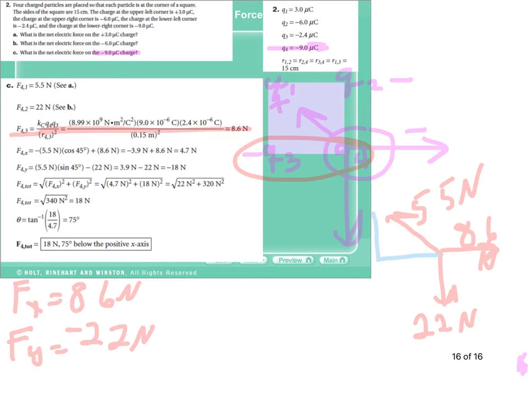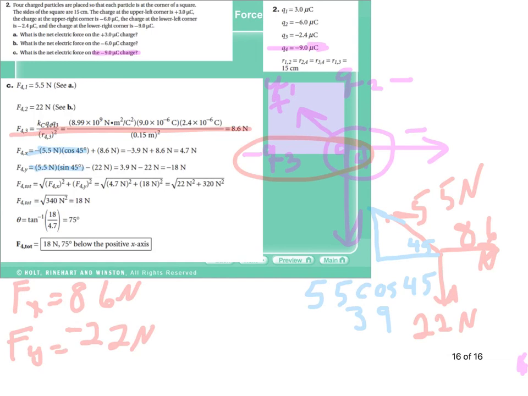So we look here and here. Again, we got a 45-degree angle, so they're both going to be the same value, and we'll take 5.5 times the cosine of 45, or the sine of 45. Either one's going to give you the answer, which is what we did here and here. Now, for the x part, 5.5 times cosine of 45 ends up being 3.9.